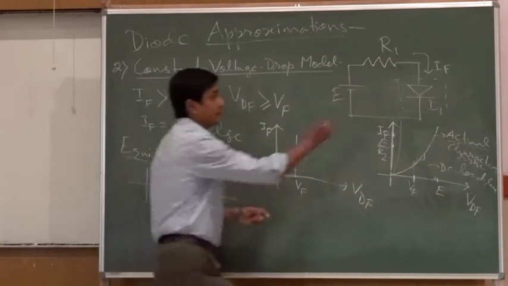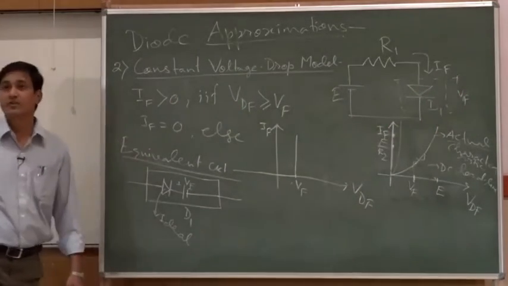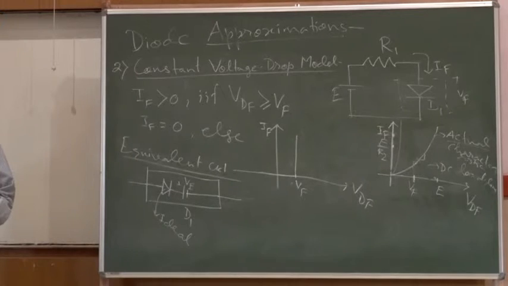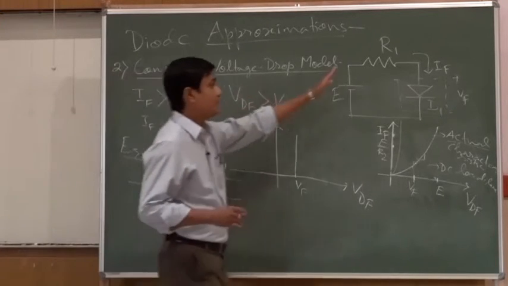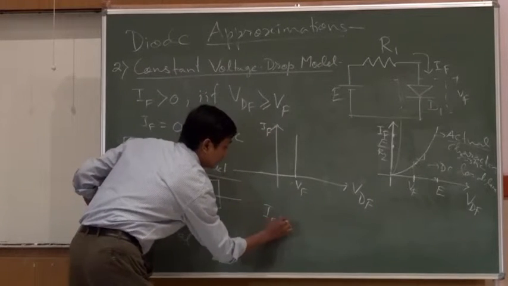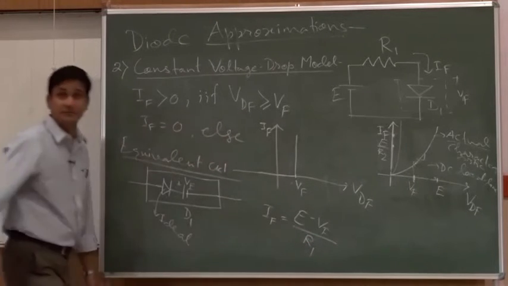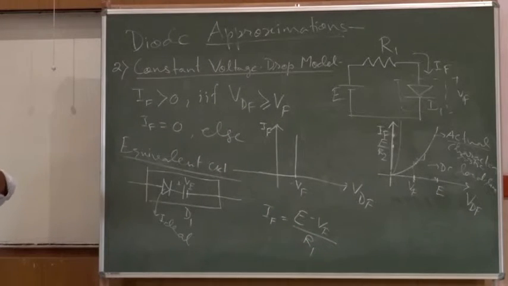Now, if here it is plus minus Vf voltage, what should be the current? E minus Vf by R1. This will be the current flowing through it as IF.